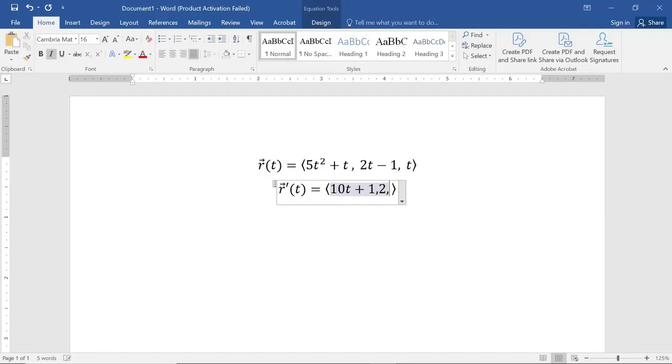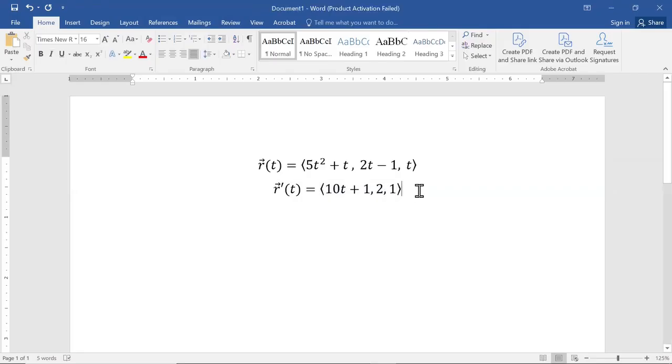And the derivative of t is simply going to be 1. So that's the derivative of r of t. So the derivative function is another vector valued function with these inputs.